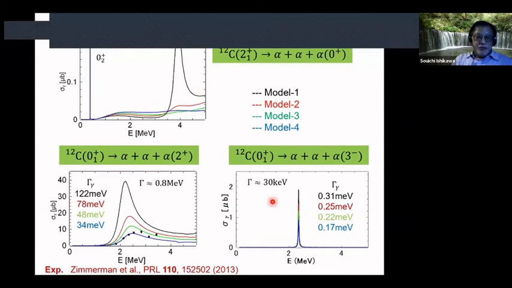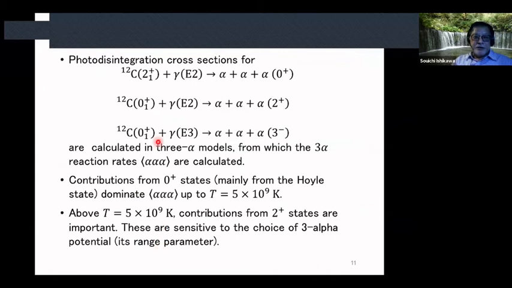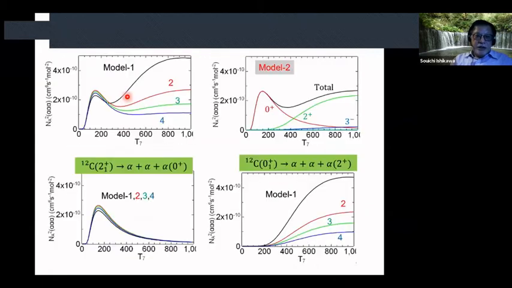Okay, from these photodisintegration cross sections, I calculate the triple alpha reaction rate as a function of temperature. T7 is the temperature in units of 10 to the 7 Kelvin.